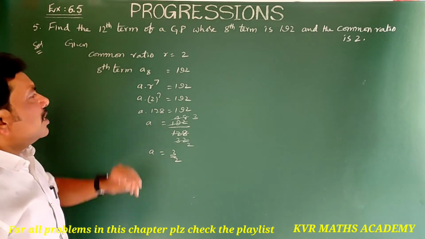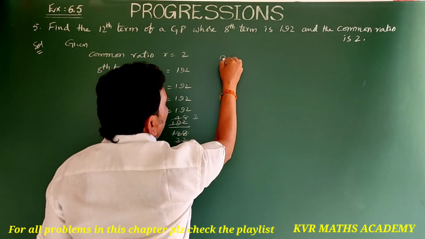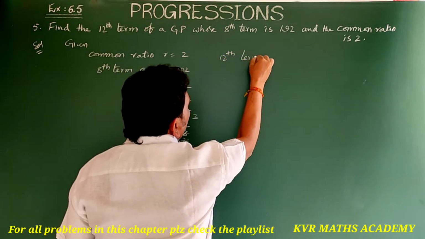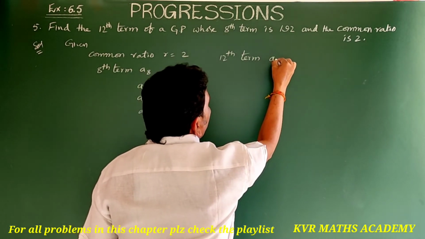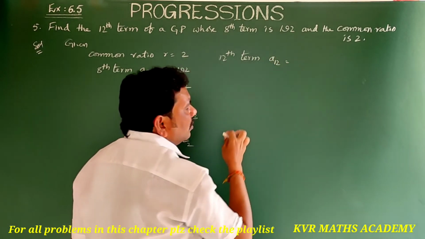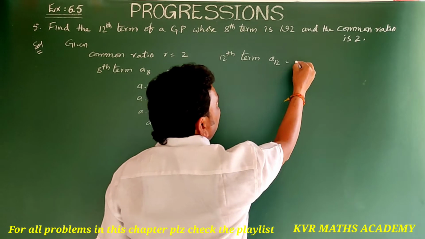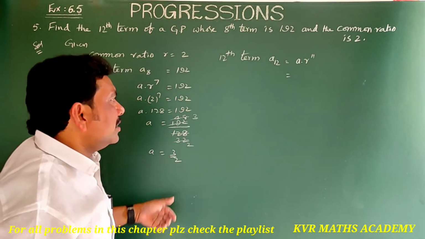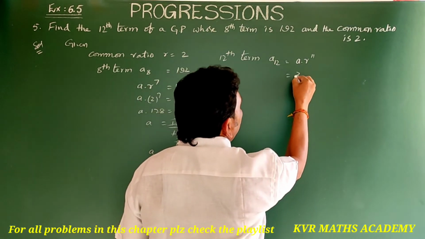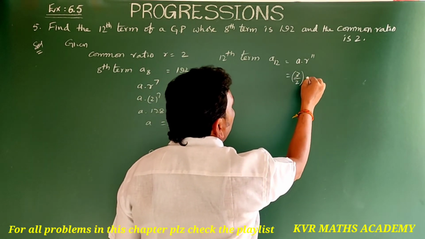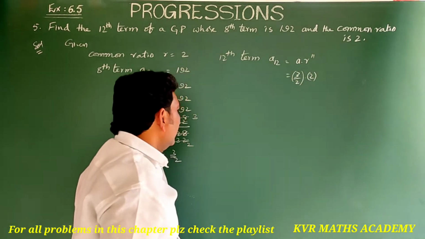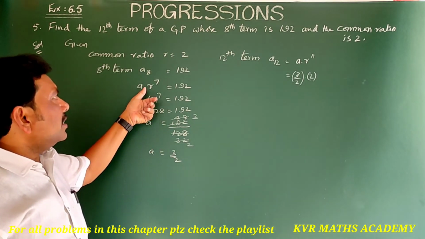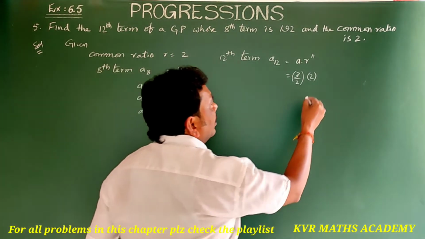Next, the 12th term. a12 is equal to a into r power 11. a is 3 by 2, and r is 2, so 3 by 2 into 2 power 11.